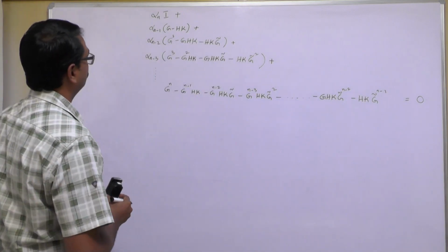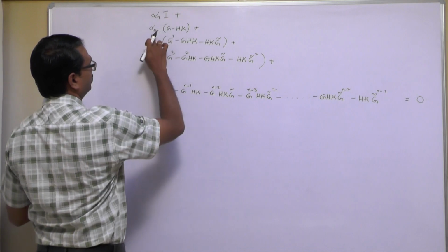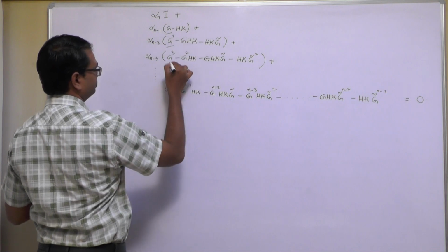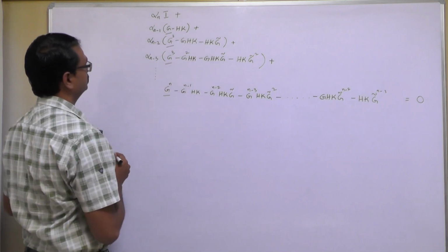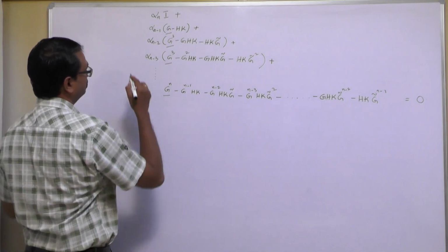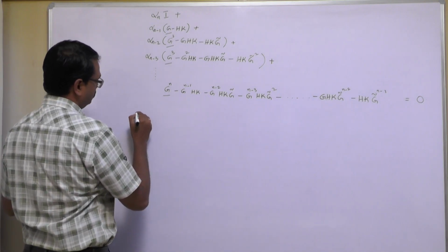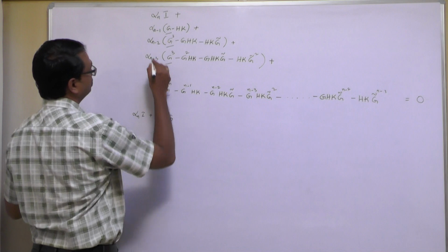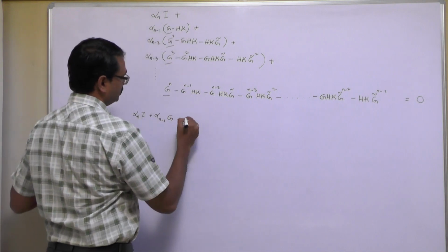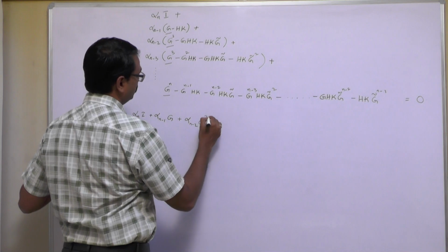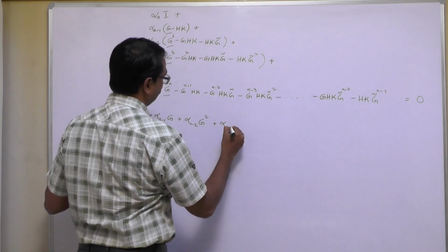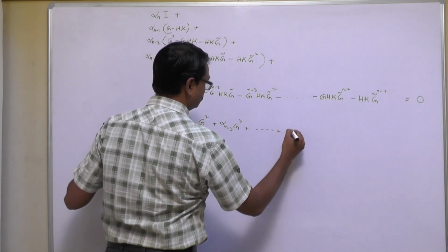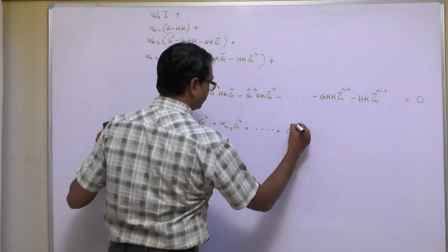Now just consider this equation. Alpha n I, alpha n minus 1 G, only the first terms can be considered. Just consider the first terms. You can say that alpha n I plus alpha n minus 1 G, plus alpha n minus 2 G square plus alpha n minus 3 G cube plus so on plus G power n.